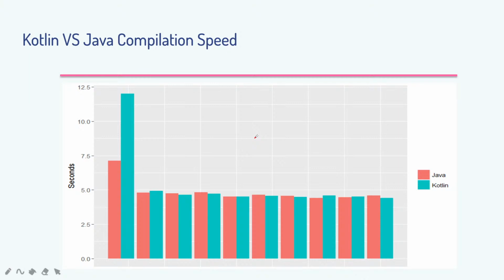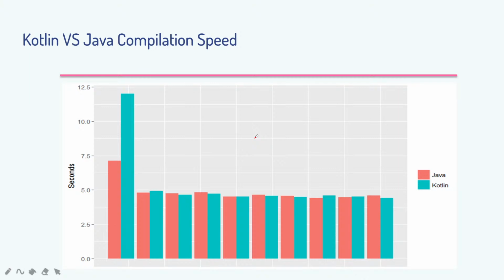The y-axis represents seconds. For a particular task, Kotlin takes a minimum of 12 seconds to complete, but Java takes only 7 seconds. So that is one of the disadvantages when compared to Java.